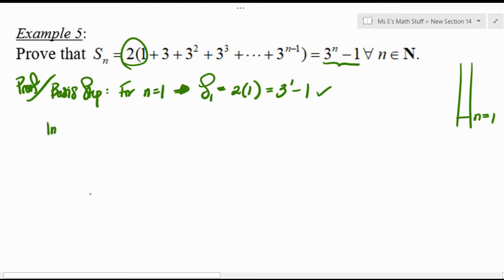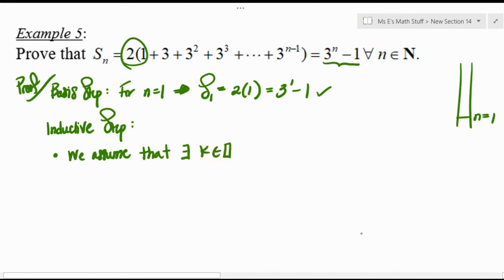Okay, now for the inductive step. All right, 2 pieces to that. First piece is the assumption piece, so we assume that there exists some k value from the natural number set such that our claim holds true for n equaling k.